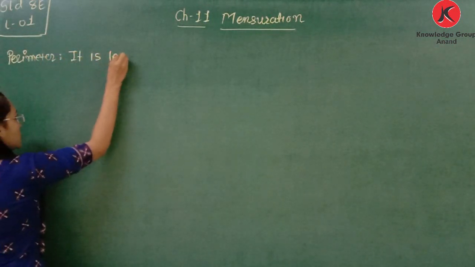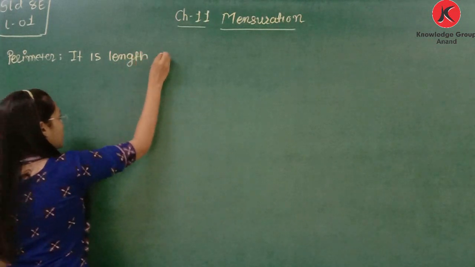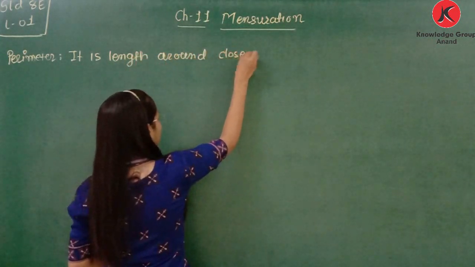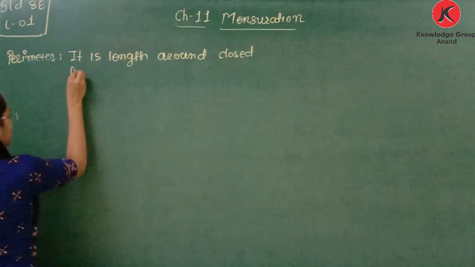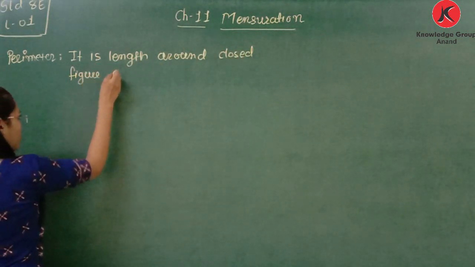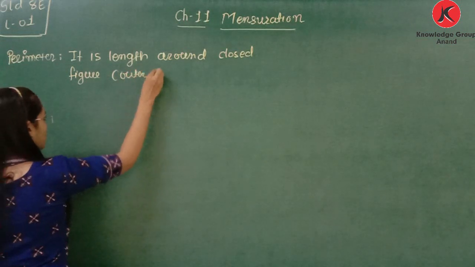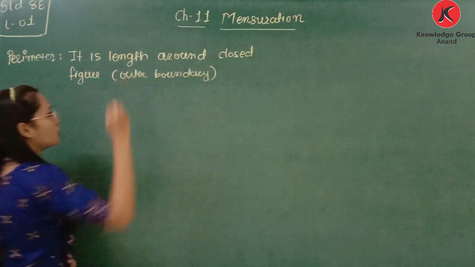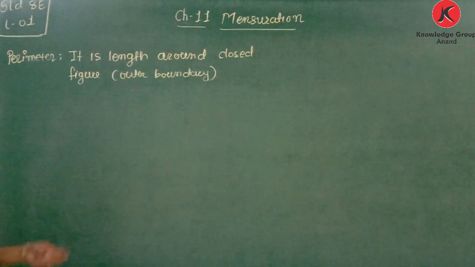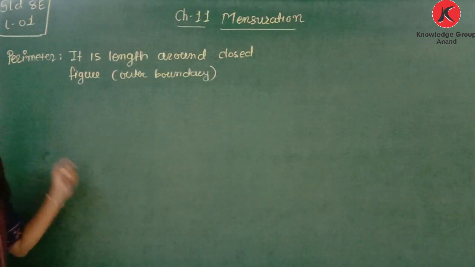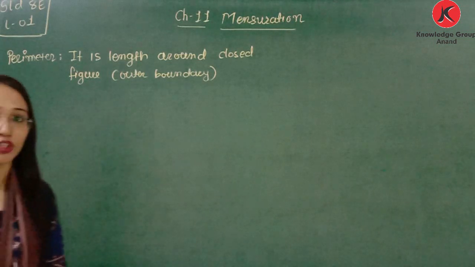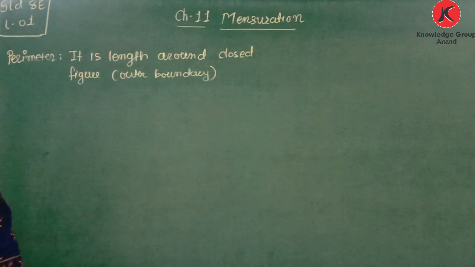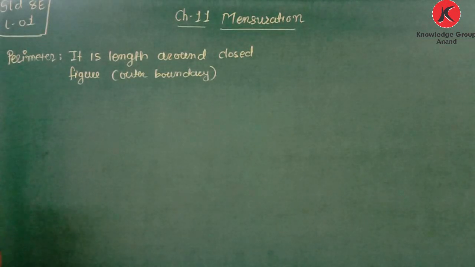It is the length around a closed figure, or you can say it is the outer boundary. So we learned about the perimeter of a square, perimeter of a rectangle, perimeter of a triangle, and in a circle it is called the circumference of the circle. So let's revise all those equations.